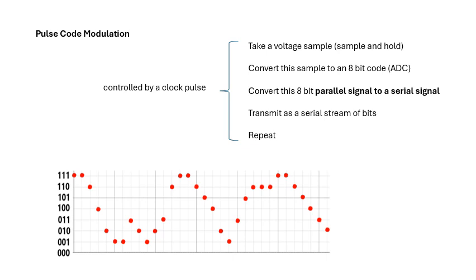It's all controlled by a clock pulse to make sure everything happens. When you take your voltage, nothing happens until that particular sample has been dealt with. Sample and hold, it's called. Anyway, that's all pulse code modulation is.